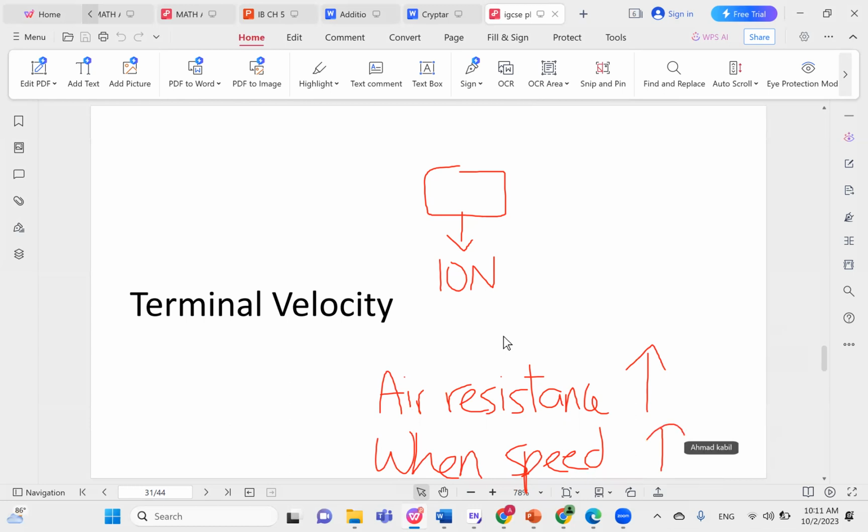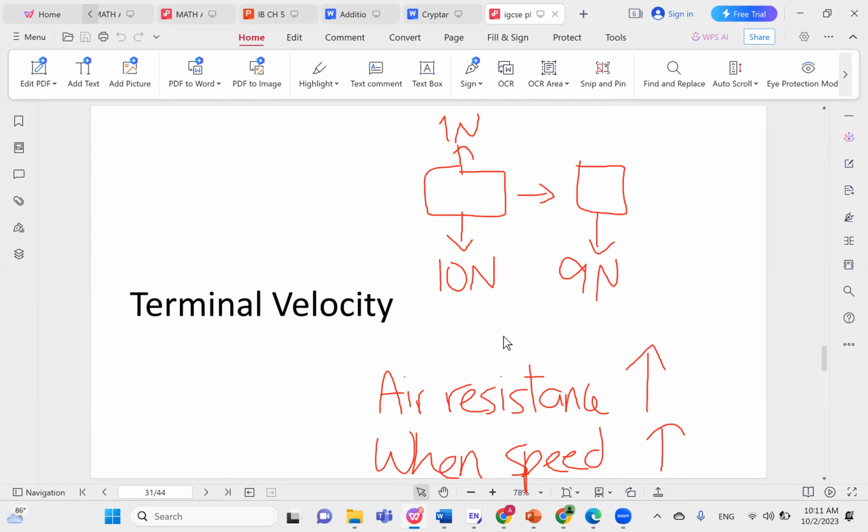So since the speed is initially 0, the air resistance is initially 0, but then the speed increases, so the air resistance becomes maybe 1 newton. So now, if the weight is 10 and the air resistance is 1, the object has a resultant force of 9 newtons. So the resultant force on the object decreases.